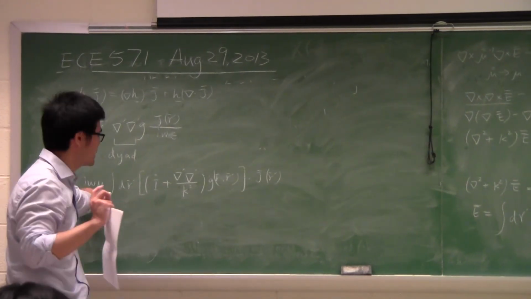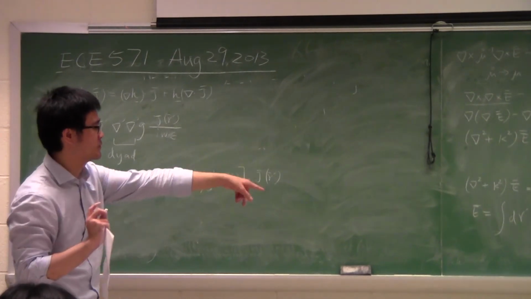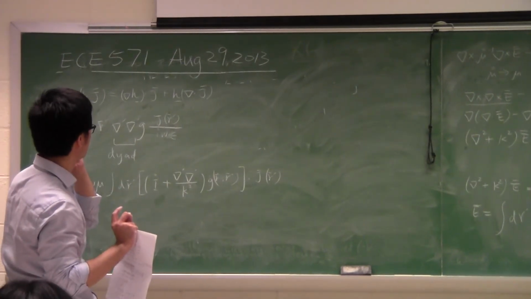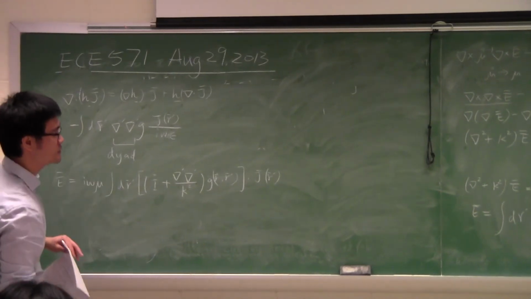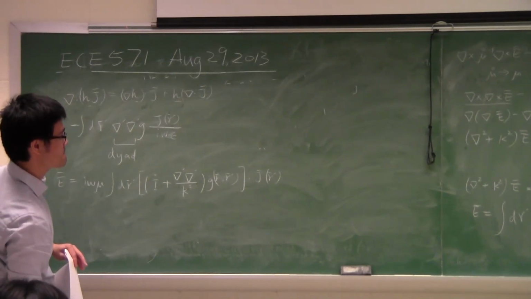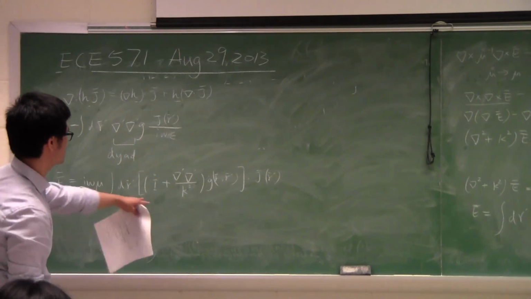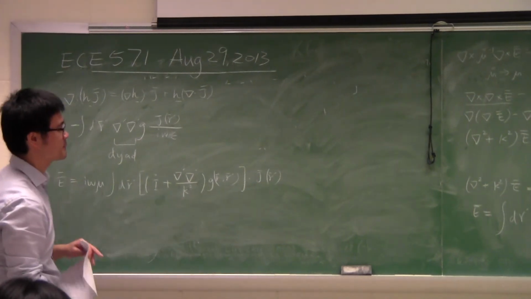Where I have taken out the i omega mu, there's a negative sign here, and it will just become plus k squared.